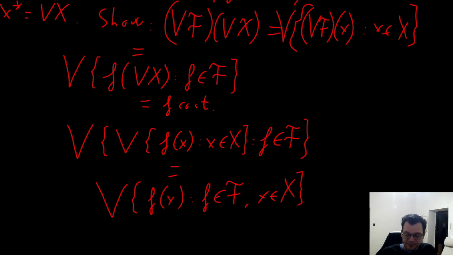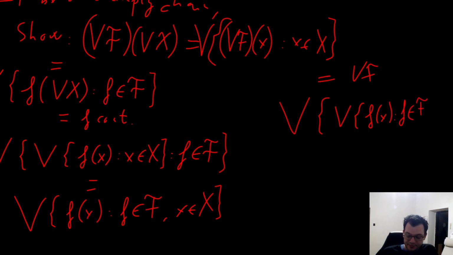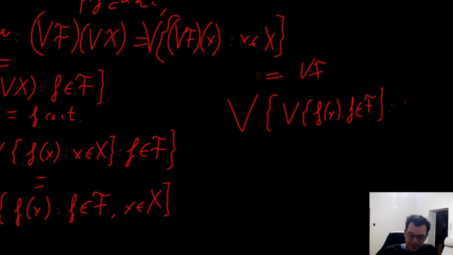So it's just nested. Now on the right hand side, what we have is the supremum of F applied on X star. Again, we have this statement about the supremum function. How to compute the supremum function? Well, you just have to compute the f of x's and take the supremum of that. So we take the supremum of the f of x's for the f, and then the outermost x in X doesn't change.